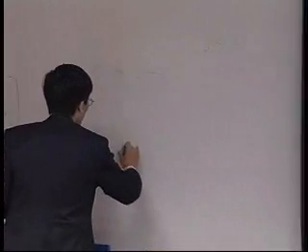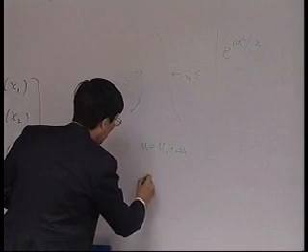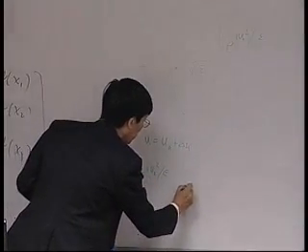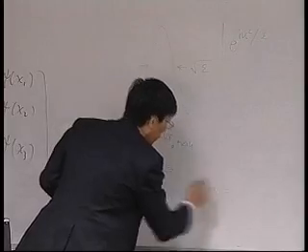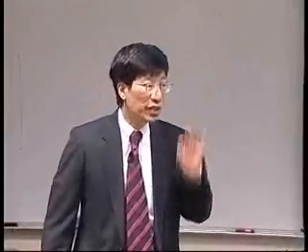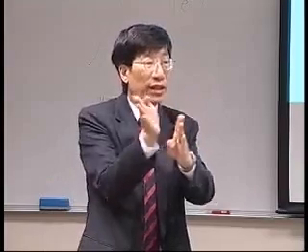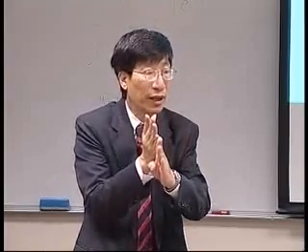If u is 0, and I change u by a tiny amount, the phase is unchanged to first order, right? Changes only by u squared. Okay? But at any other point, suppose I write u is equal to u0 plus delta u. Then this is e to the i u0 squared over epsilon, e to the 2i u0 delta u over epsilon. If you look at the second factor, if u0 is not 0, then any change in delta u will change the phase significantly, right?